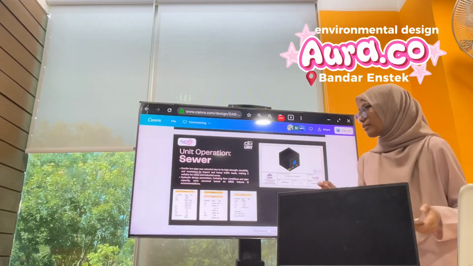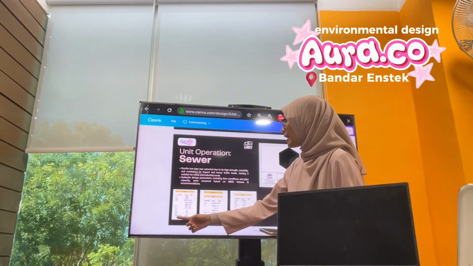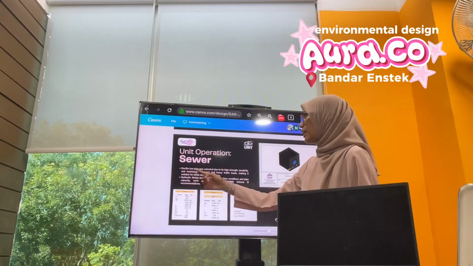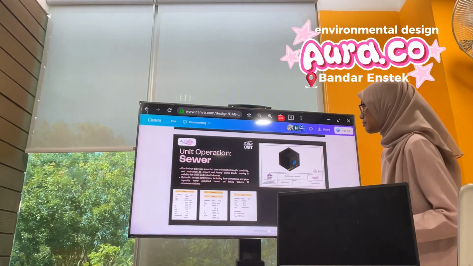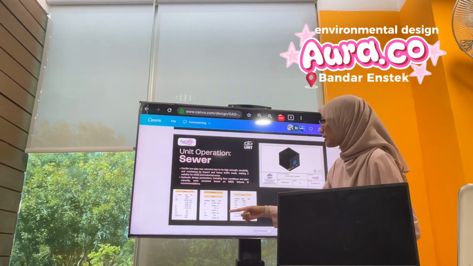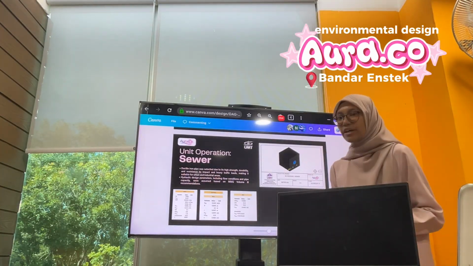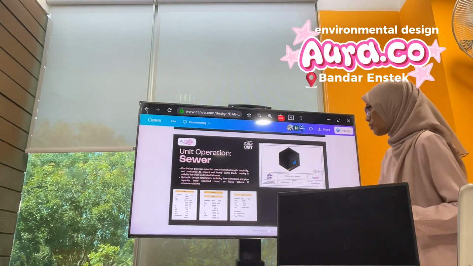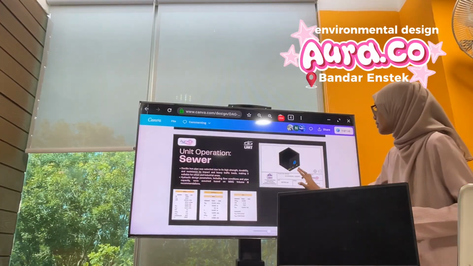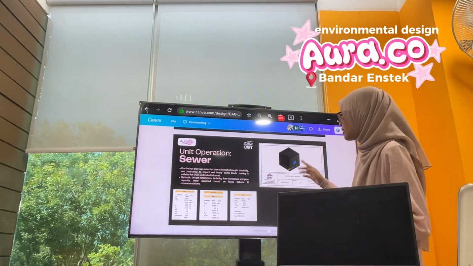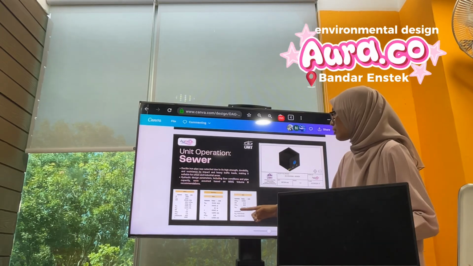We plot the graph, and then the n and S value based on ductile iron pipe. And the output we get, diameter for this sewer is 0.4875 and we round up to 0.5 meter. This is the design. And then the radius is half of 0.5.